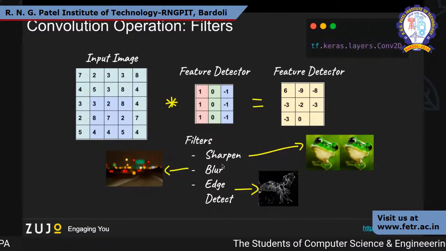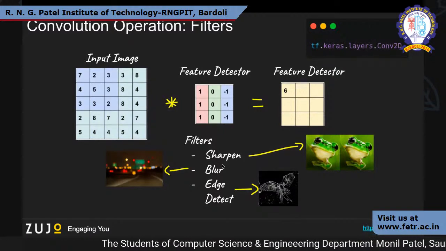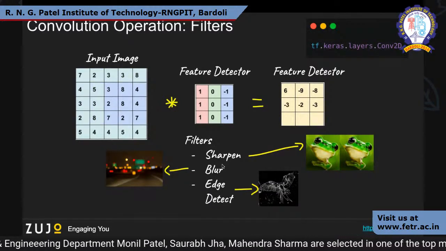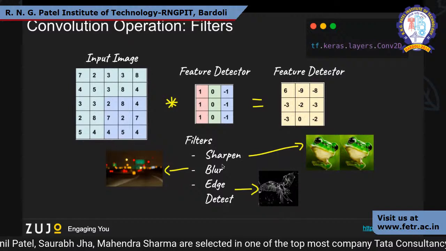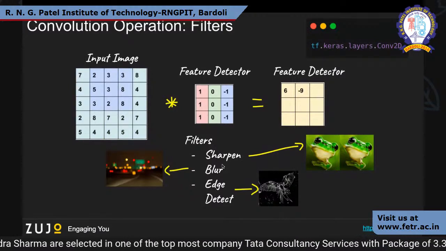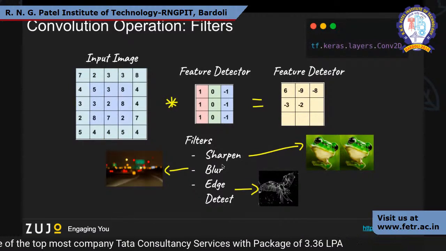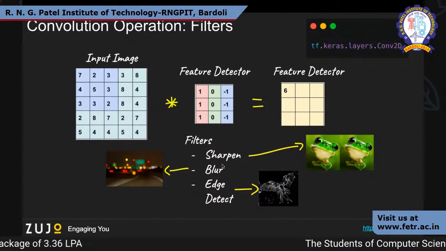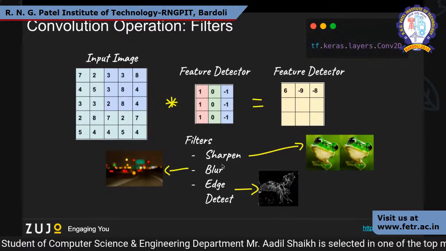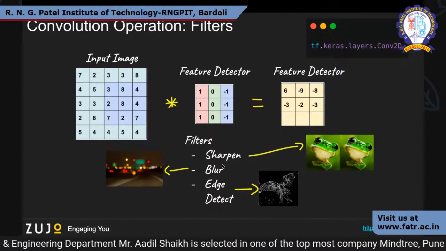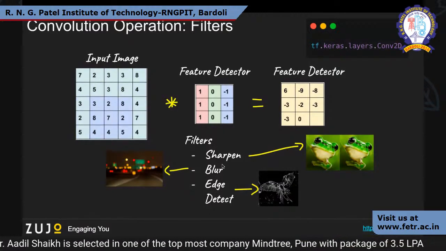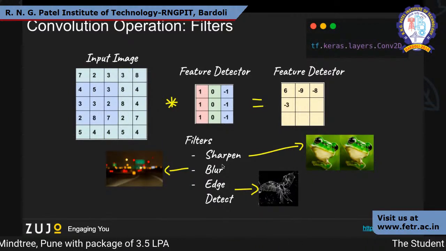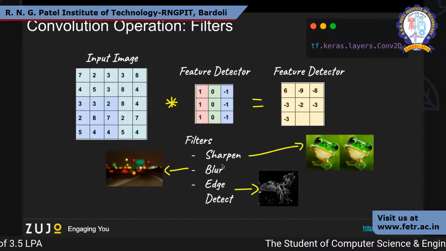And then in the last part, we have the extracted feature. Basically, filters are image processing algorithms, right? If you dot product your input image pixels with this particular feature detector, then it will give you the image as described at the bottom of the slide, such as sharpening of the image, blurring of the image, or edge detection, right?